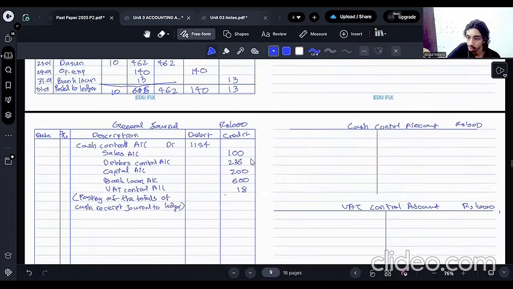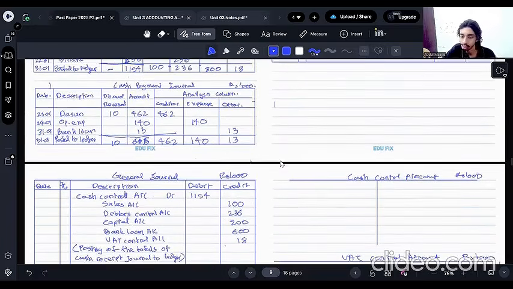Okay, that is done. Then moving on to the next one, the cash payment journal. In cash payment journal, the cash is going out. Okay, the cash will be credited. All the other accounts will be debited.